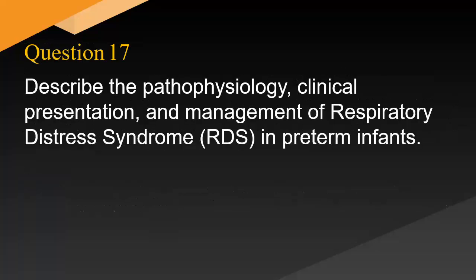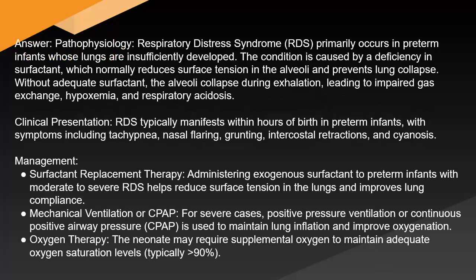Describe the pathophysiology, clinical presentation, and management of respiratory distress syndrome (RDS) in preterm infants. Answer. Pathophysiology. Respiratory distress syndrome (RDS) primarily occurs in preterm infants whose lungs are insufficiently developed. The condition is caused by a deficiency in surfactant, which normally reduces surface tension in the alveoli and prevents lung collapse.